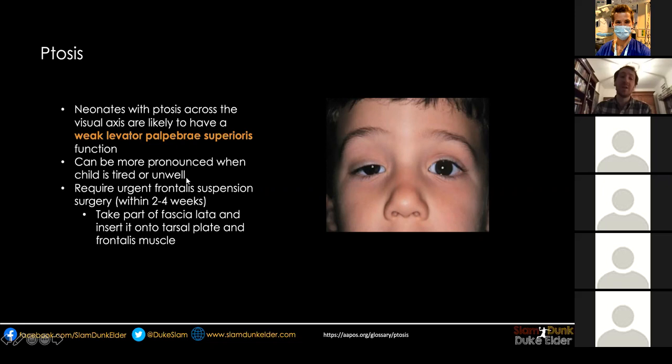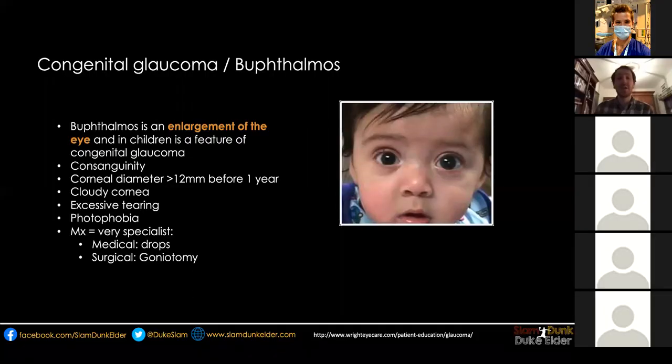So we need to strengthen the muscle here. So what we do is we... and then we... is diagnostic for that.